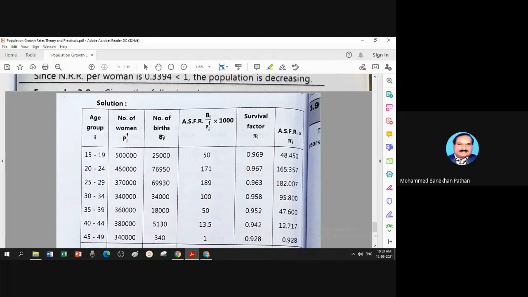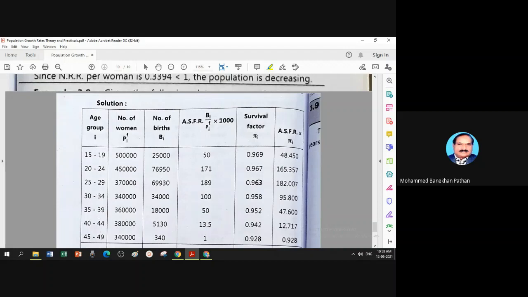Number of births, BI, that is the total birth. ASFR equals total birth in the group, divided by female population in the group, multiplied by 1000. This column divided by this column, multiplied by 1000.